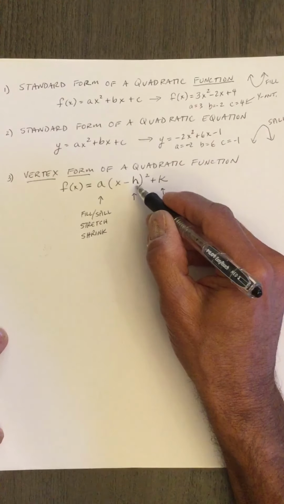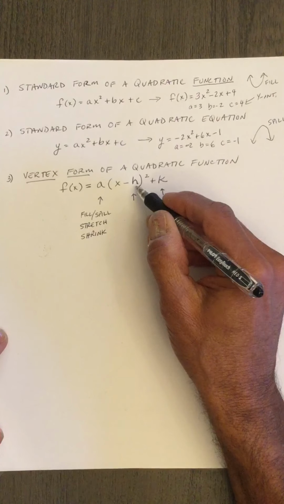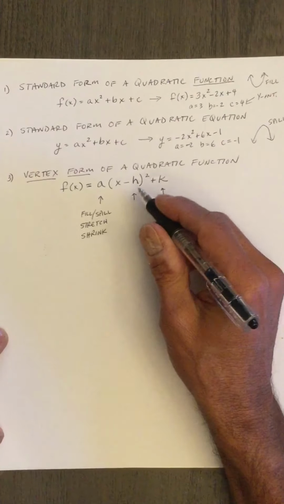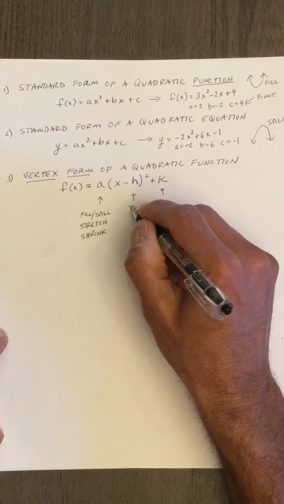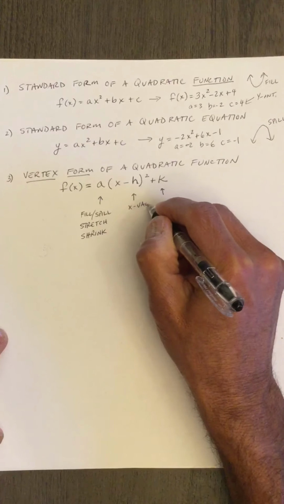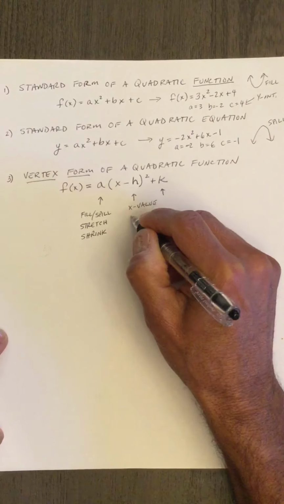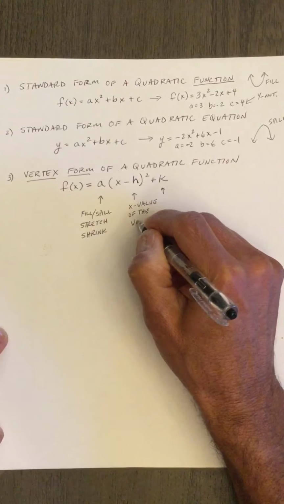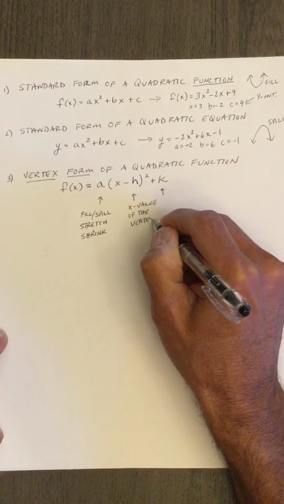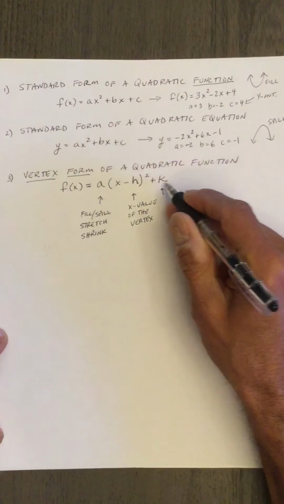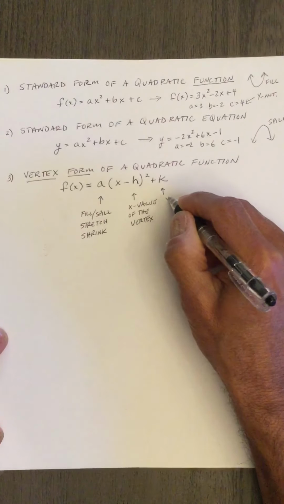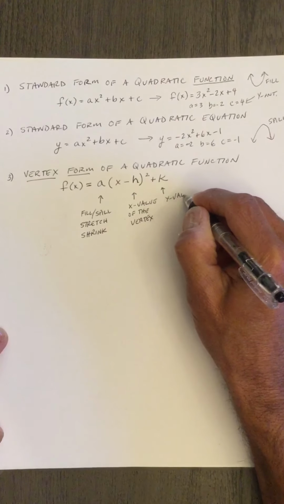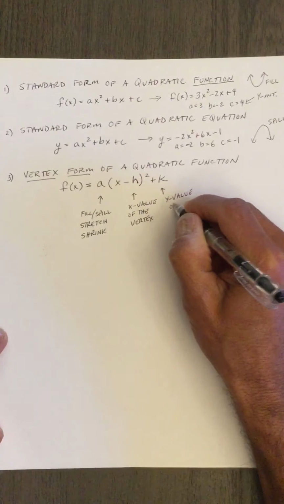Now you see this H, okay? H, I always remembered as horizontal, okay? This is the X value of the vertex. Okay? The K right here, that's your Y value of your vertex.